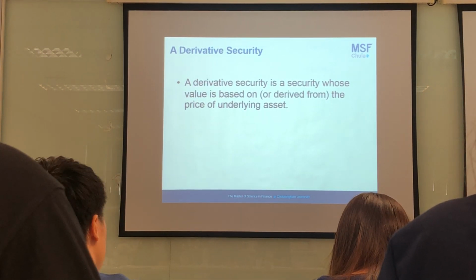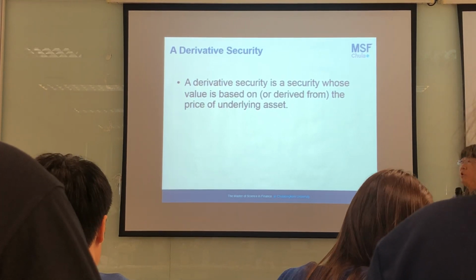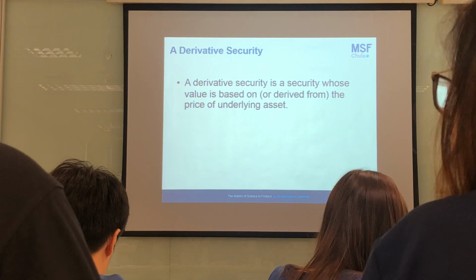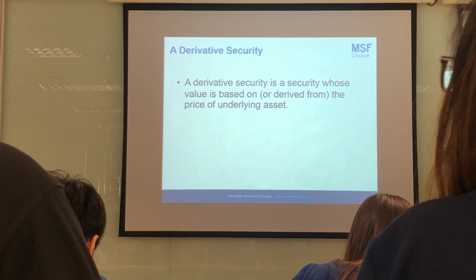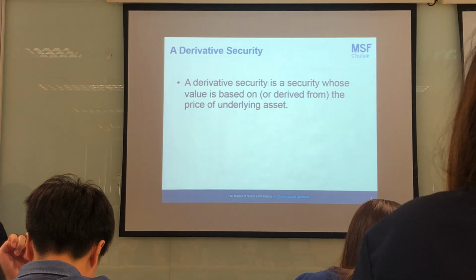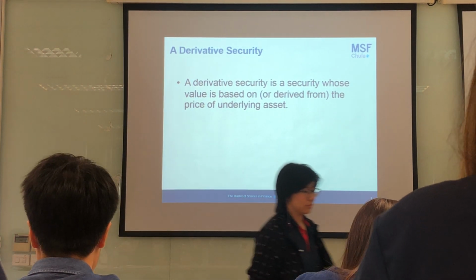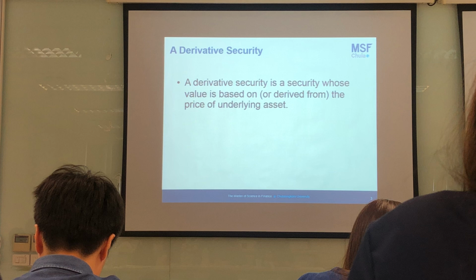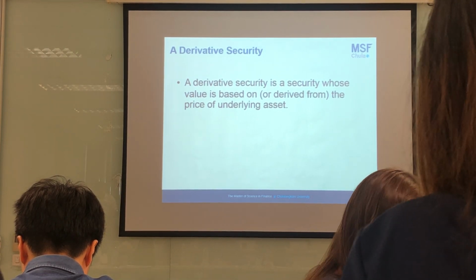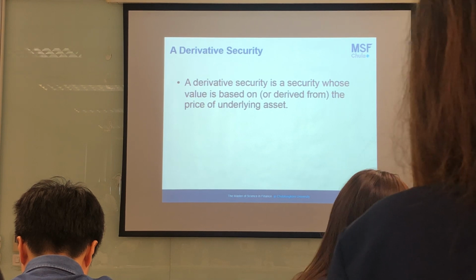Okay, what is the derivative? If you look at the financial statement, the statement of financial position or the balance sheet, on the right hand side of the balance sheet there are two main types of financial security: the debt security, bond, and the stock, the common stock.